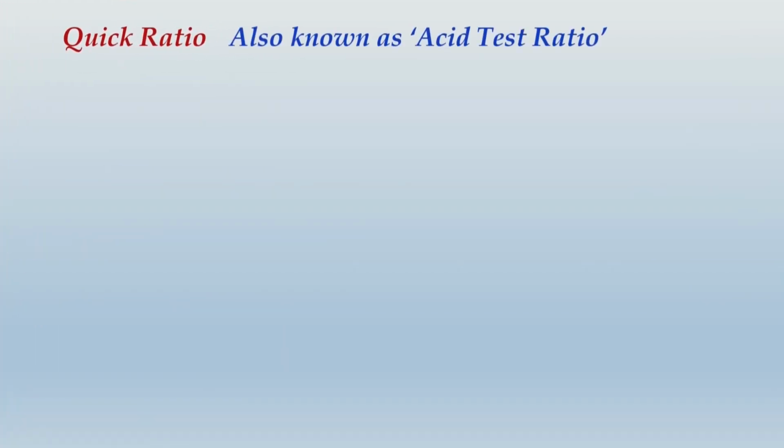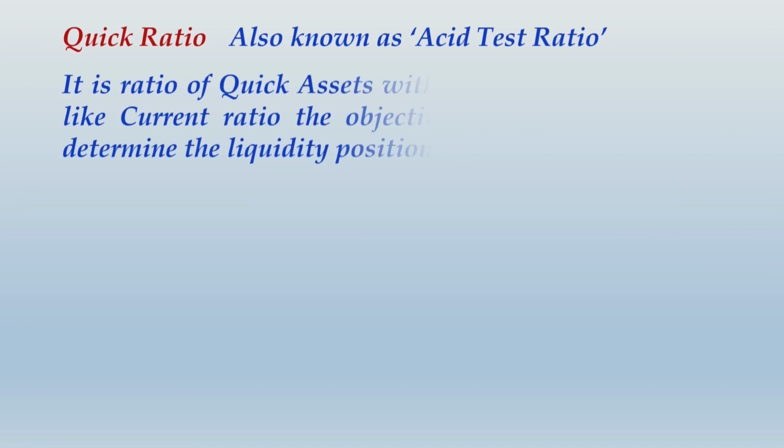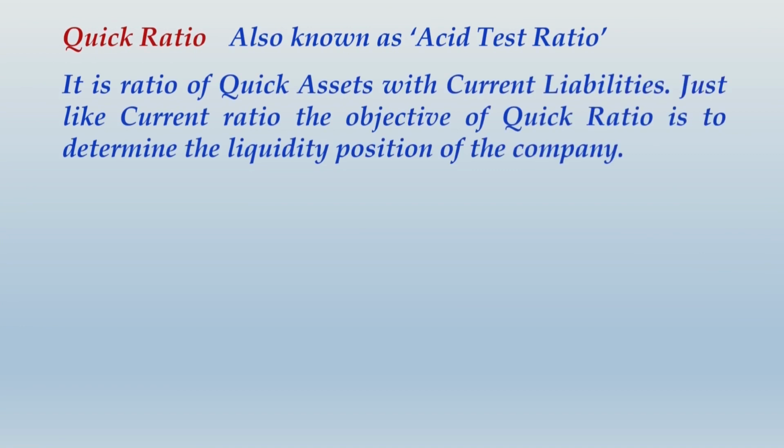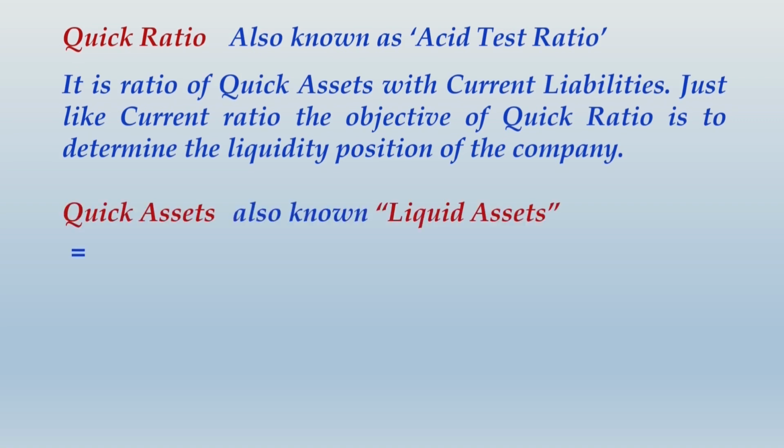Quick ratio, also known as acid test ratio. It is the ratio of quick assets to current liabilities. Just like current ratio, the objective of quick ratio is to determine the liquidity position of the company. So what are quick assets, which are also known as liquid assets?